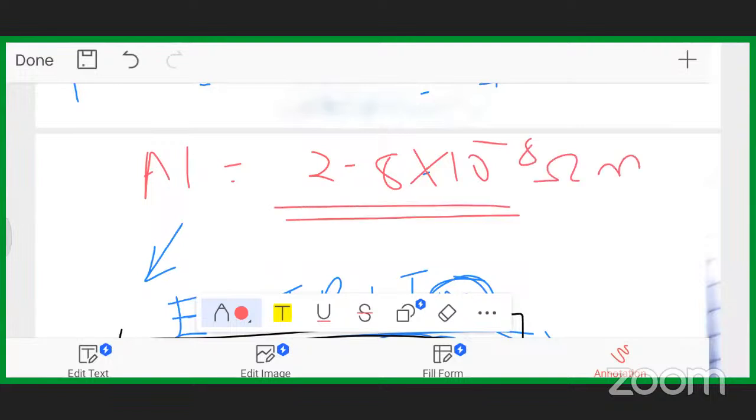This is the measure of its resistivity. You can see this is quite small, right? Because of that small value, it is one of the good conductors, because of its small value of resistivity.